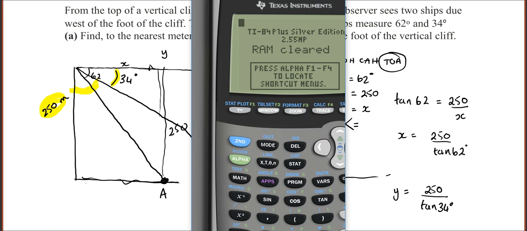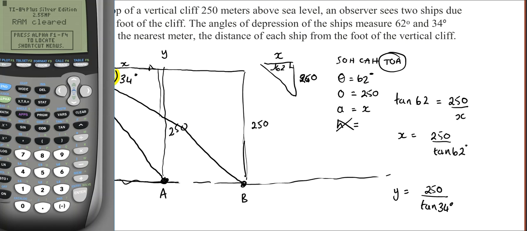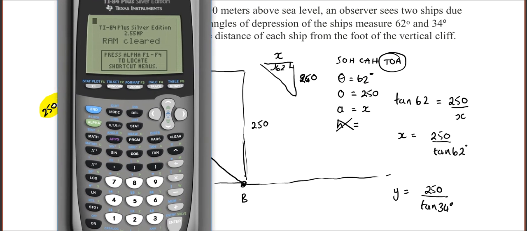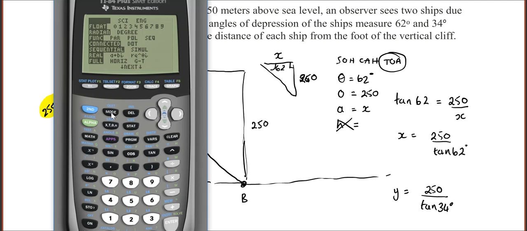Well, if you didn't get to this question, it wasn't going to be an issue. So when I open this thing up, for instance, if I press mode, the default setting is this list here on the left. So I'm on degree. So always, first thing you do before you start anything is make sure you're in degree mode.